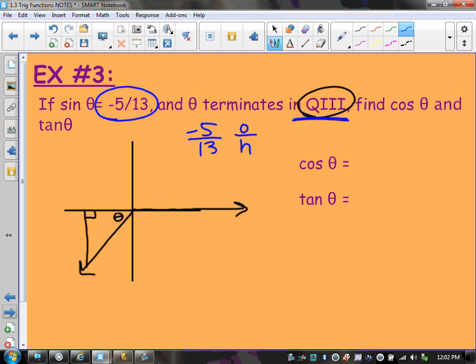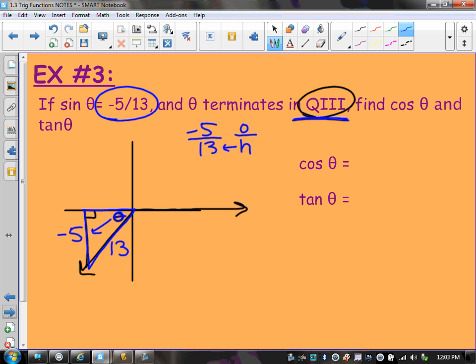Don't I know that the opposite side is negative 5, and the hypotenuse side is 13? So can I label that on my picture? If this is theta, and the opposite side of theta is negative 5, can I put my negative 5 there? And if my hypotenuse is supposed to be 13, can I put my 13 here? So if I know that this side is negative 5, and this side is 13, how am I going to figure out what my third side of my right triangle is?